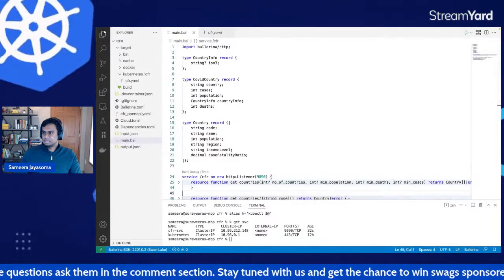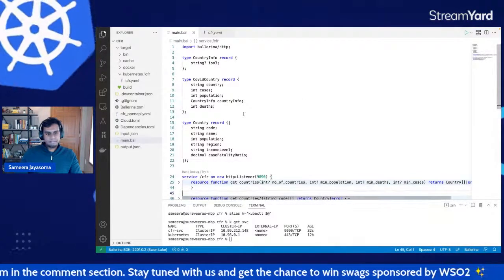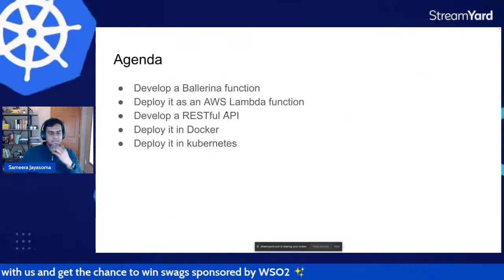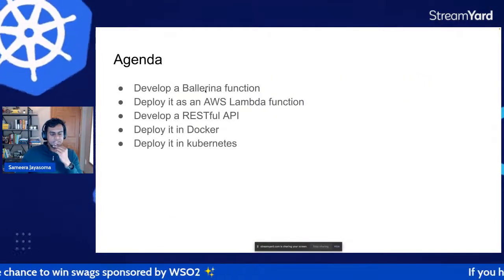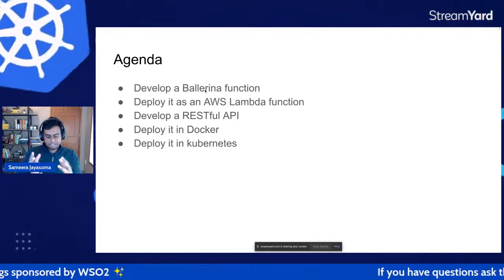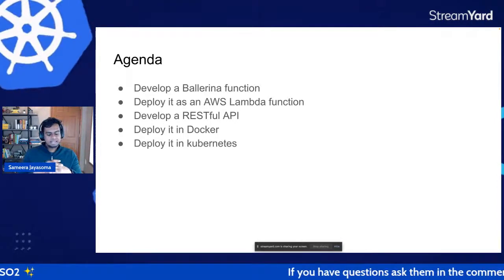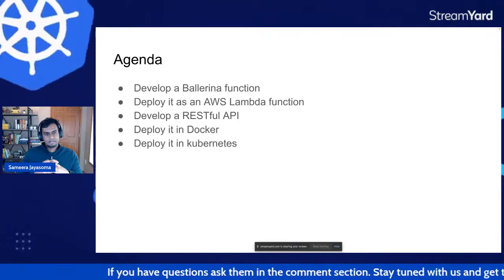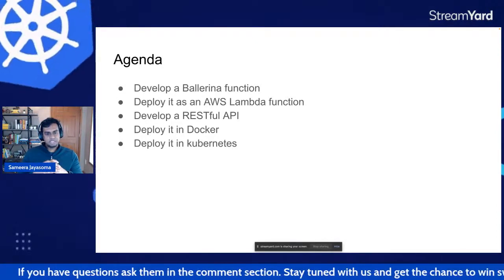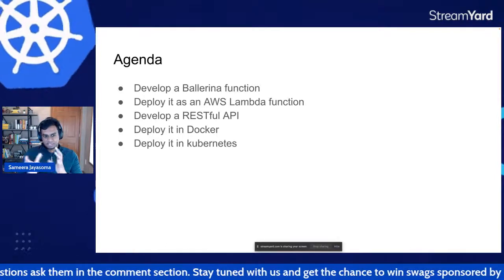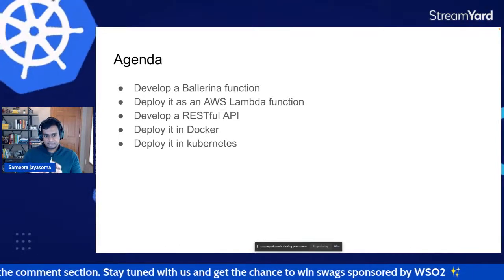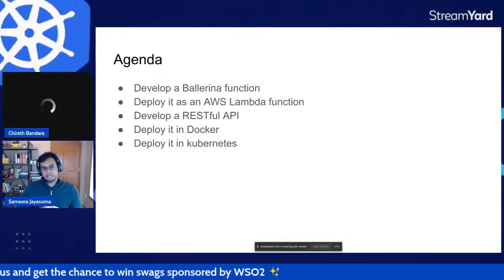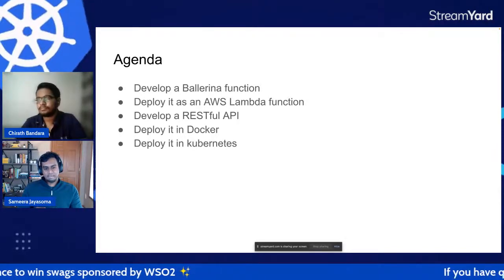Anything else? I took a little bit of extra time, but I'm glad I could cover everything that I was planning to do. So just as a summary, I developed a Ballerina function, and we deployed that into AWS Lambda, and then we converted that function into a service, and then we deployed that to Kubernetes and Docker, and everything went well.